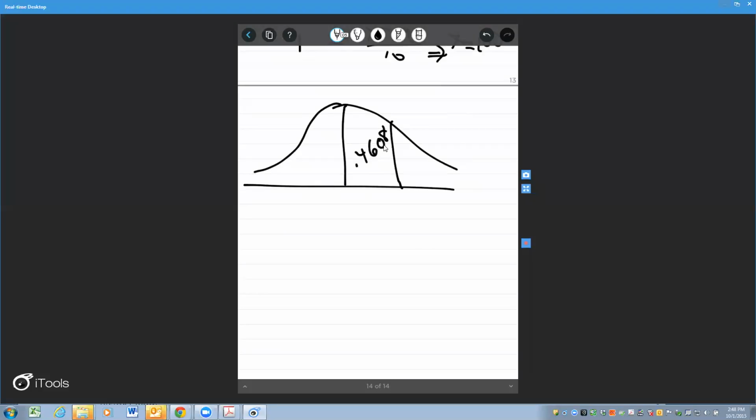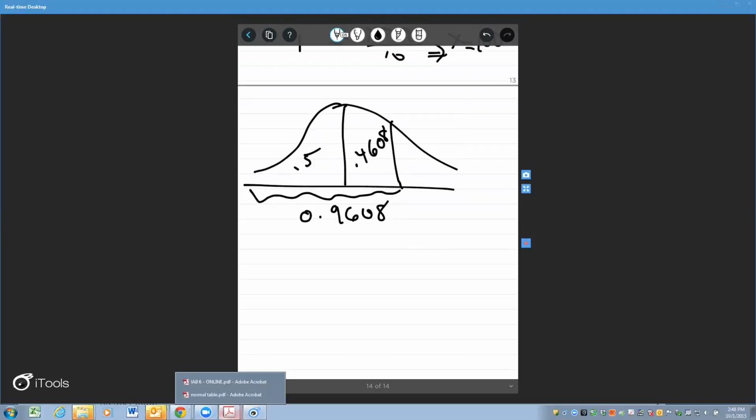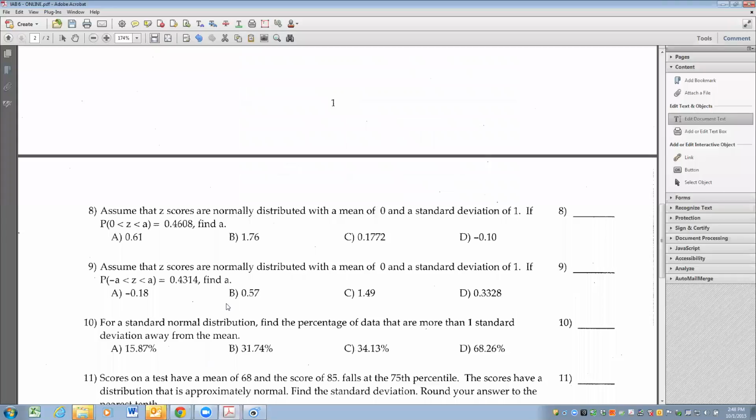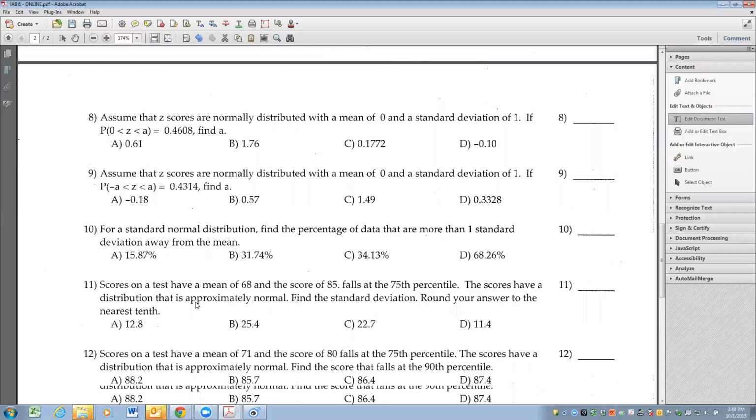Now we already know that this is 0.5. So going below gives me 0.9608. So this is the value I want to now look up in my table.